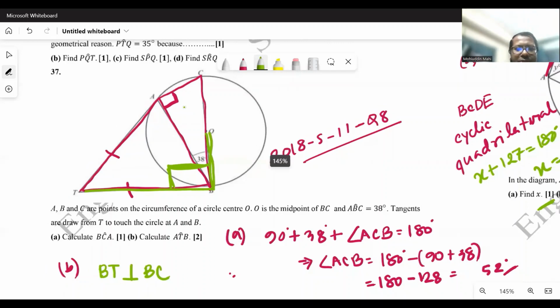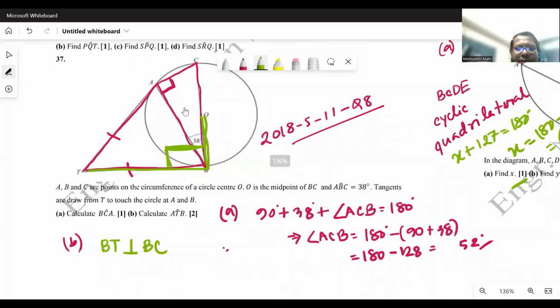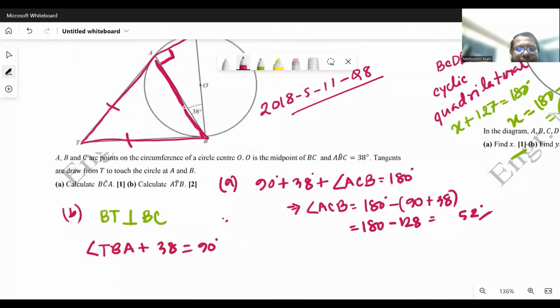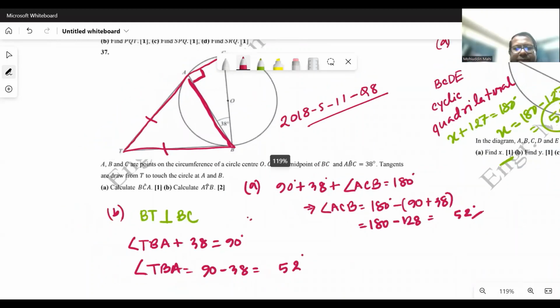All right. So from here, angle TBA plus 38 will be equal to 90 degrees. So TBA is 90 minus 38, 52 degrees.